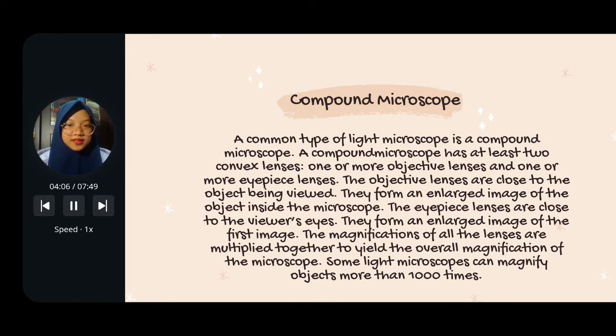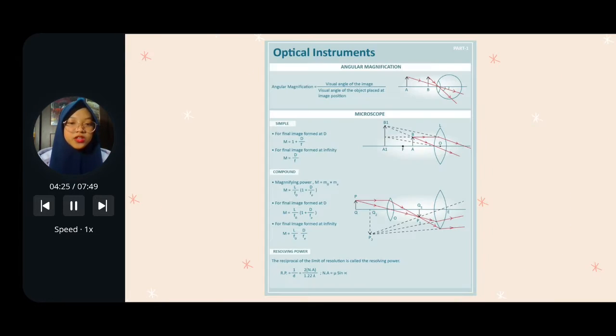The eyepiece lenses are close to the viewer's eyes. They form an enlarged image of the first image. The magnification of all the lenses are multiplied together to yield the overall magnification of the microscope. Some light microscopes can magnify objects more than 1,000 times.